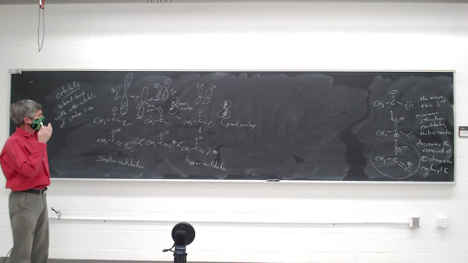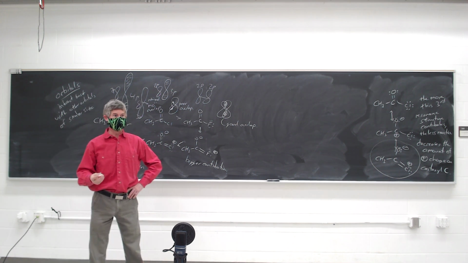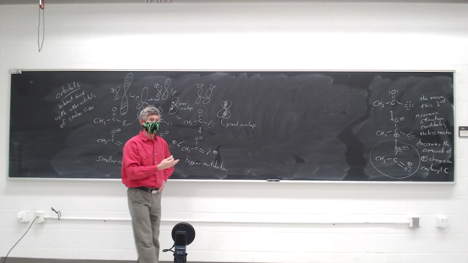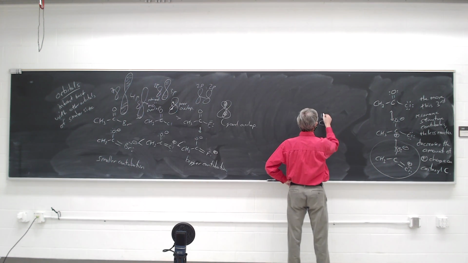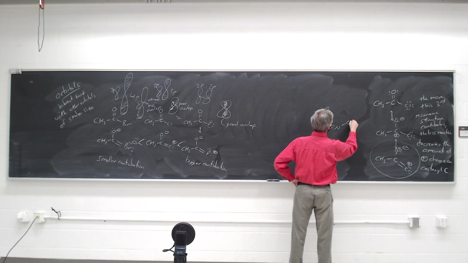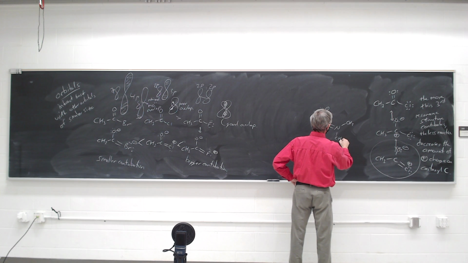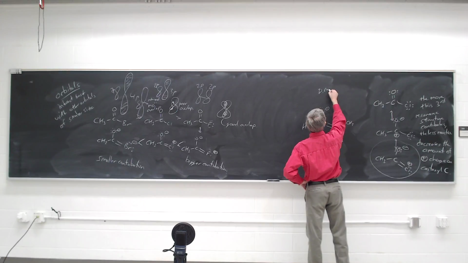So oxygen and nitrogen, in the case of the anhydrides and the esters and the amides, are all 2p overlap. So when you consider the contribution from the amide, and I'm going to use DMF as my example here.